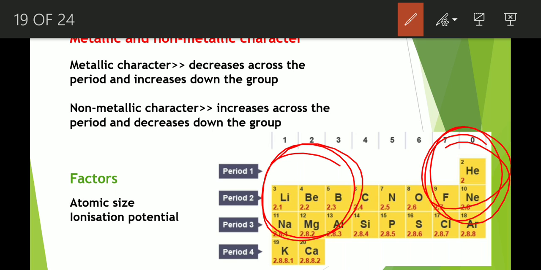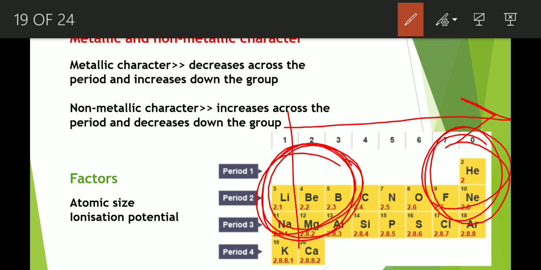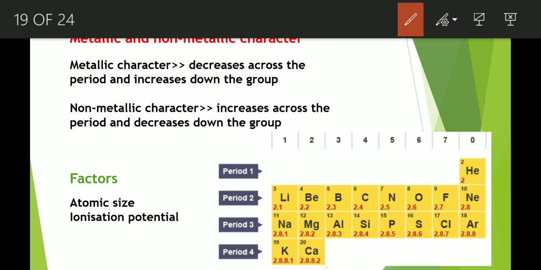Now, what is the trend? The most metallic character we will find on the left. So, metallic character decreases across the period. And the reverse will be the case in a group. It increases down the group. Opposite will be the non-metallic character: it increases across the period and decreases down the group.